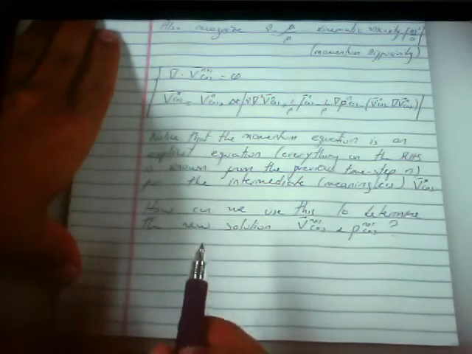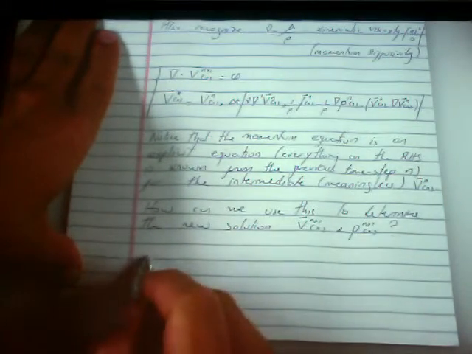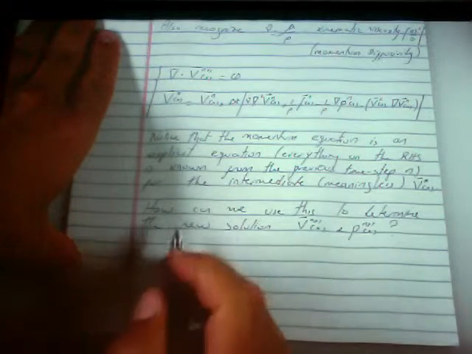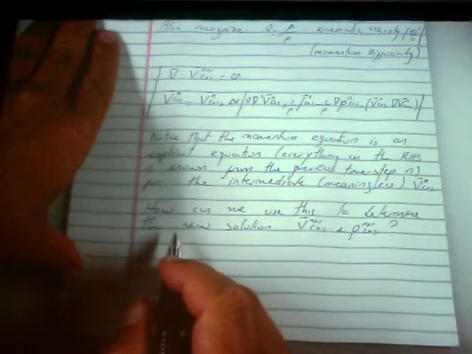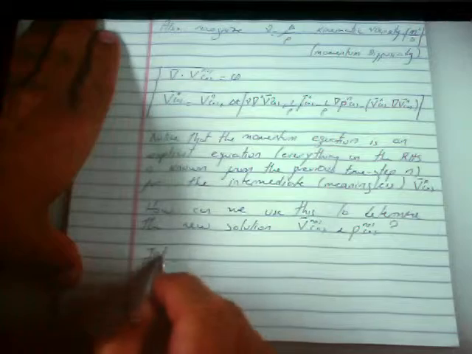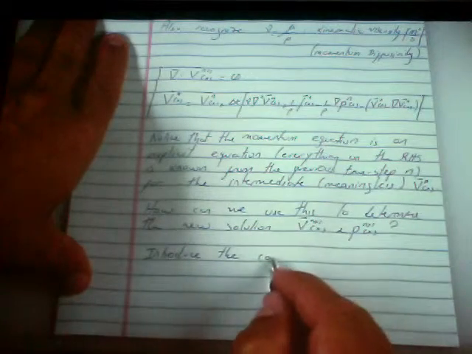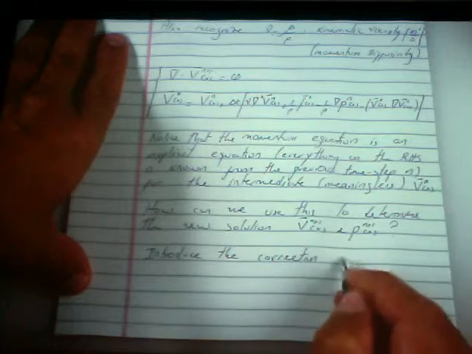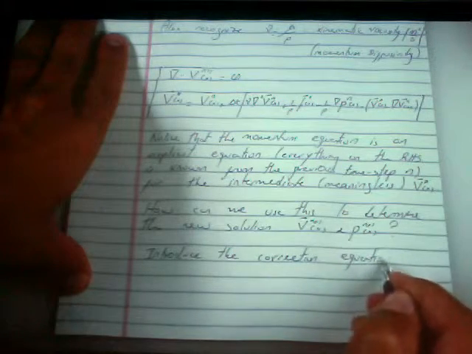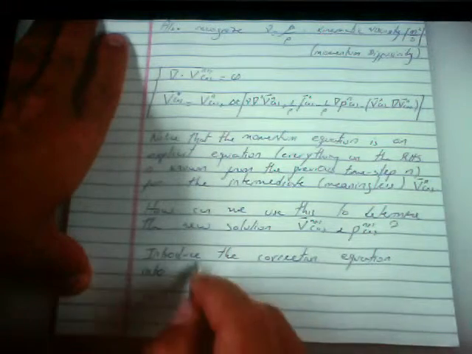So what we're going to do is introduce the correction equation into the continuity equation.